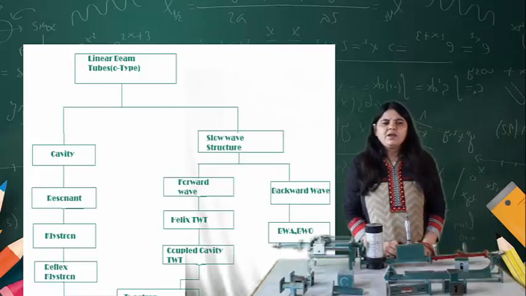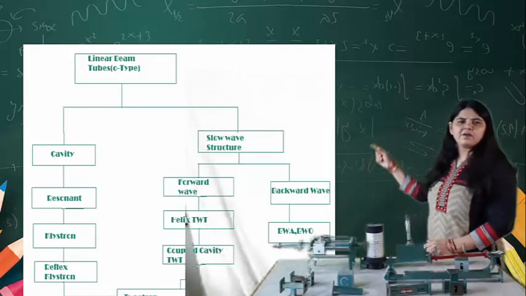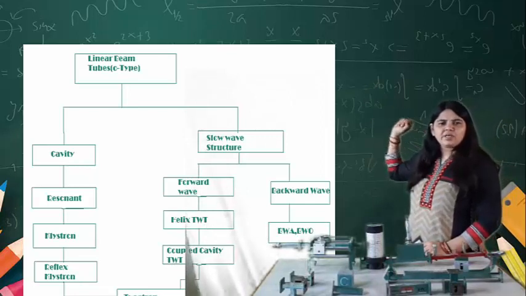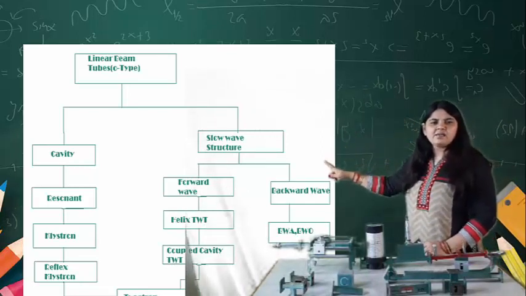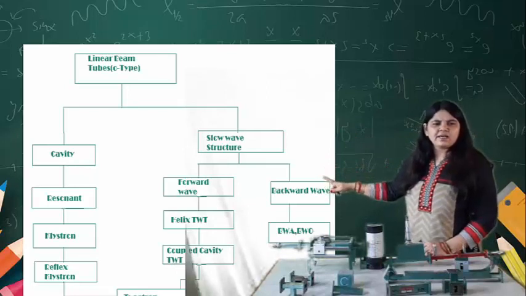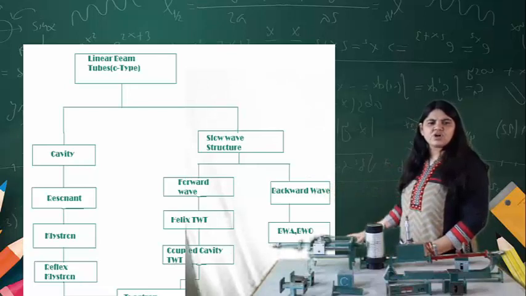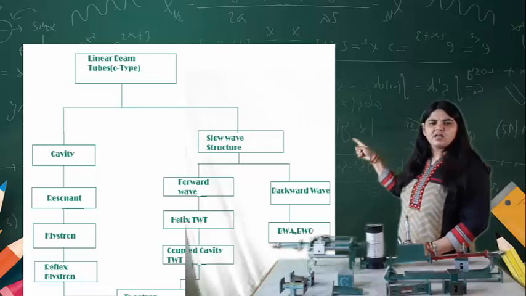Now here you can see in this diagram, that is a linear beam tube, O type. It's a cavity resonator. Then the klystron, reflex klystron, and the slow wave structure, the forward wave and backward wave.